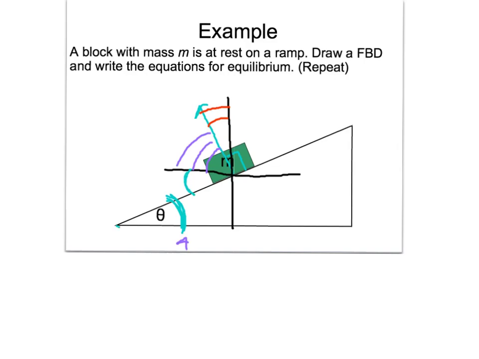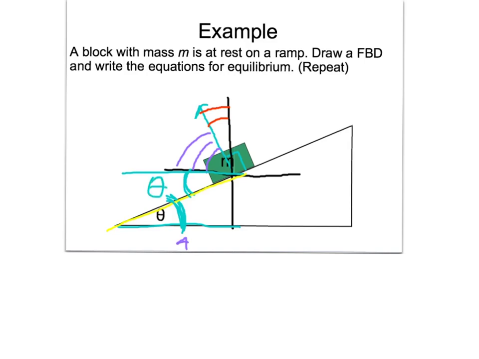And that's because I have two parallel lines, one here and one here, intersected by this diagonal line here. And I remember from geometry that alternate interior angles are the same, so this angle and this one are both theta.